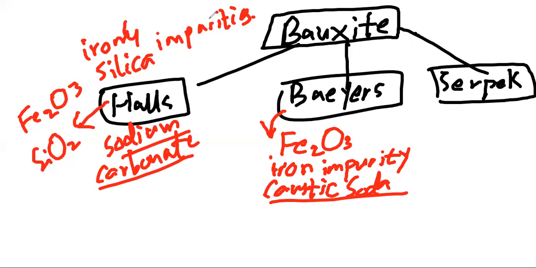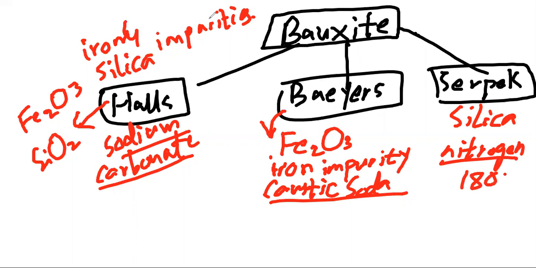Finally, the Serpek's method. When the only impurity is silica, we use Serpek's method. In this method, nitrogen is used and the reaction is heated at 1800 degrees centigrade.